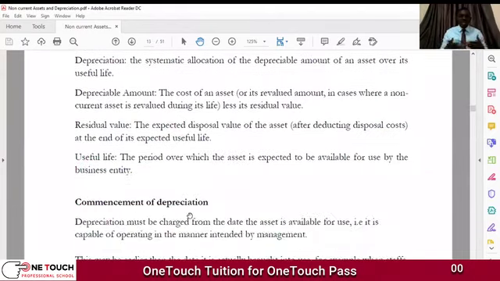And useful life simply refers to the period over which the asset is expected to be available for use by the business or entity. And we said that depreciation should start as soon as an asset is available for use. So even if there are things being done in a bid to make use of the asset, that should not delay the commencement of depreciation.